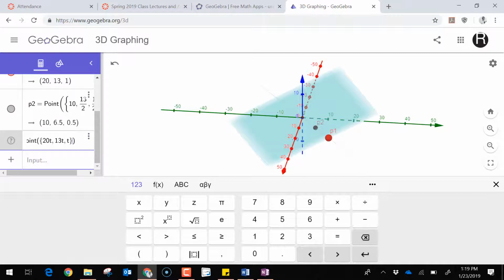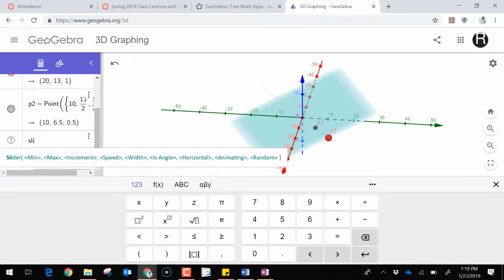That's undefined. Let's try to put a slider. I don't know how to do sliders here.